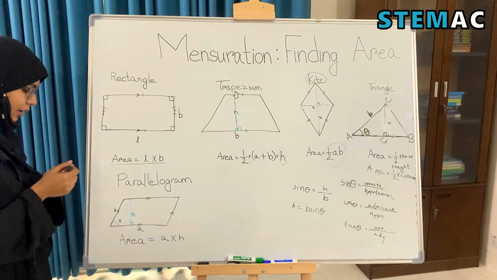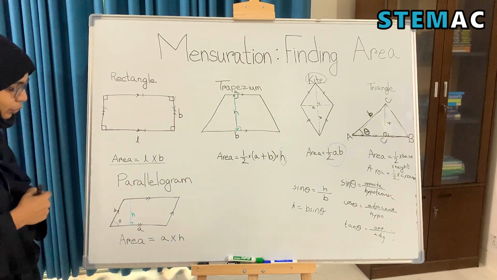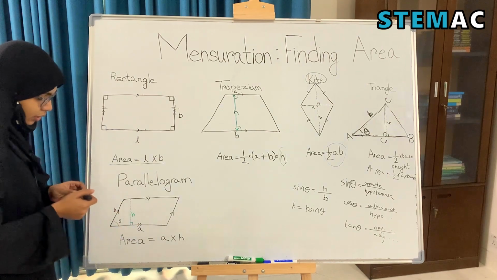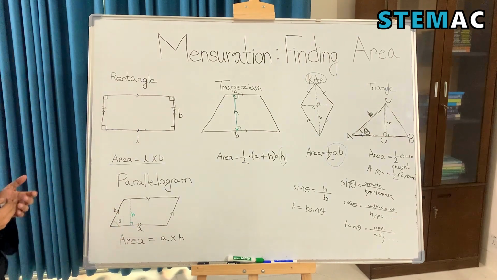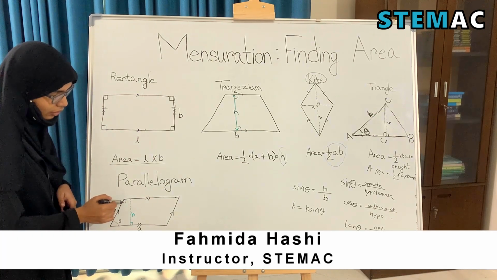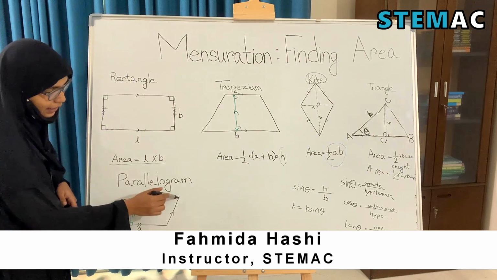As we have already discussed while comparing with rectangle, for parallelogram, the opposite sides are parallel and equal in length, but the vertices are not 90 degree.